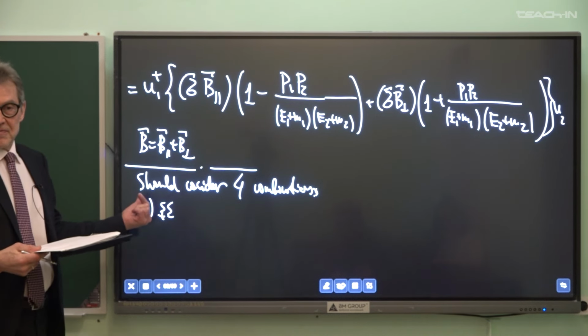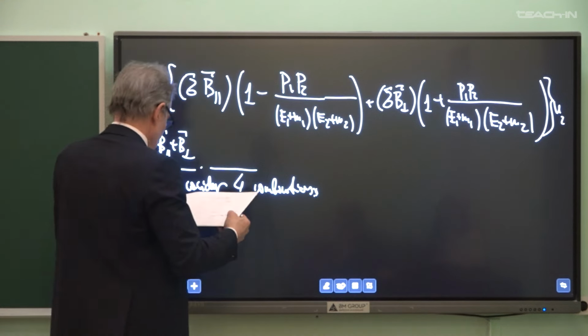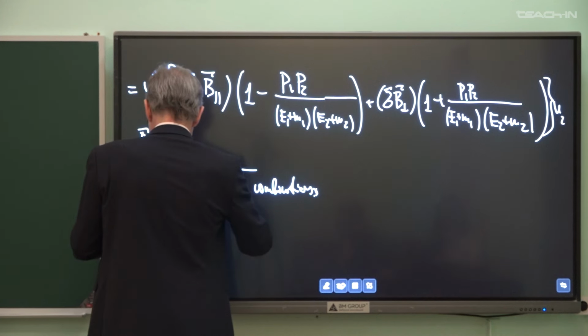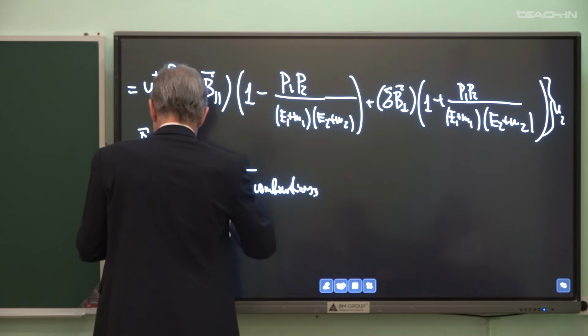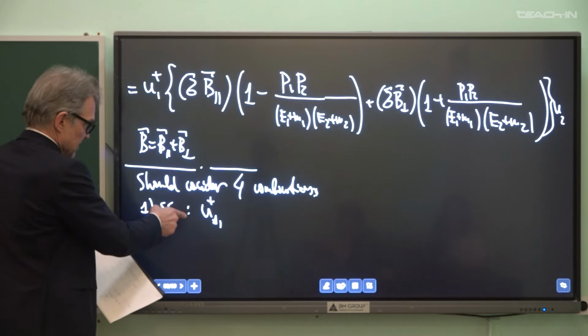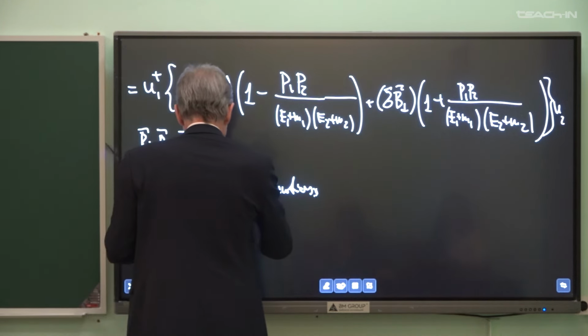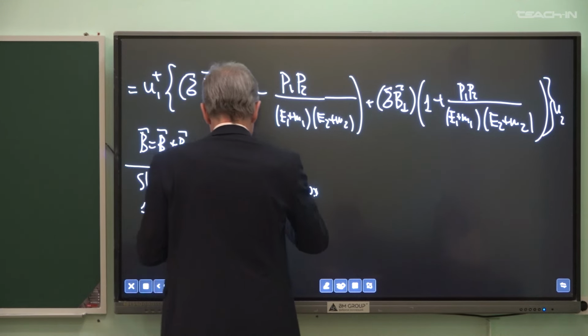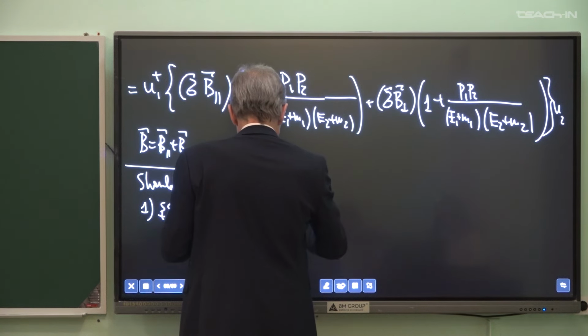In this case, we shall deal with this term: U1 cross, without change, plus plus, U1 S equals 1/2, sigma vector B, U2 S equals 1/2.